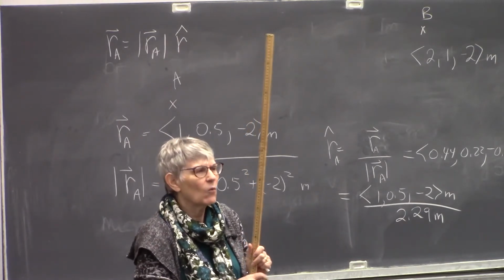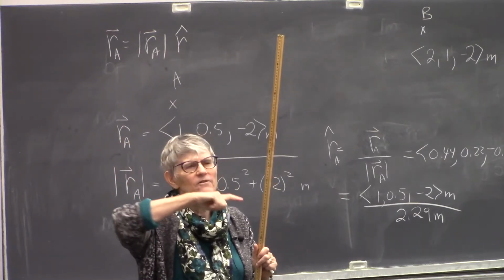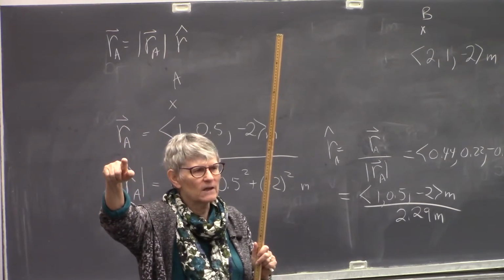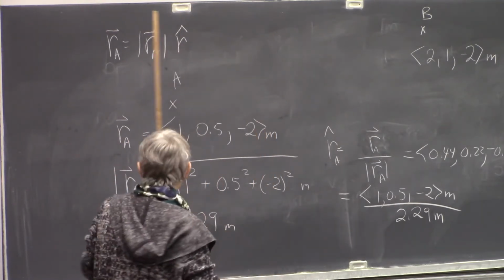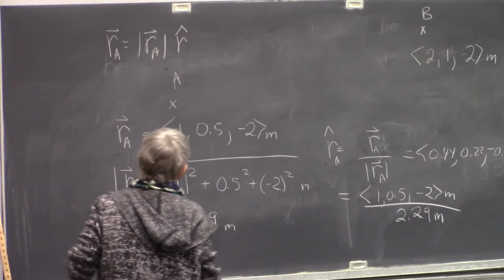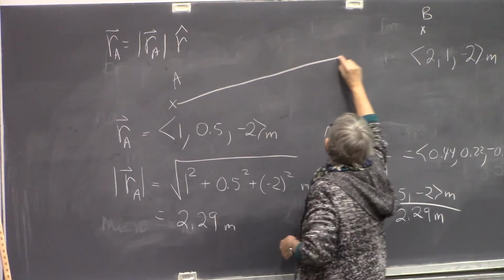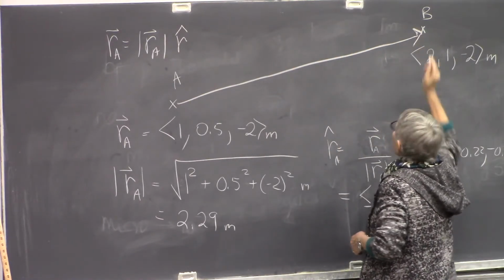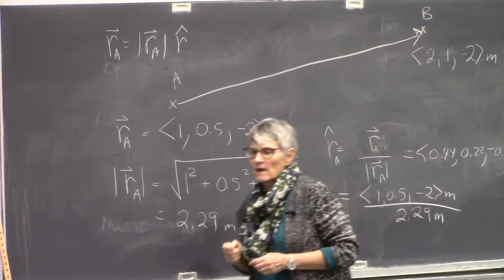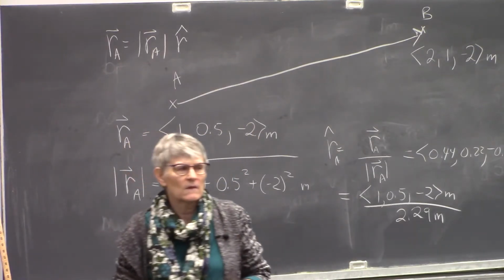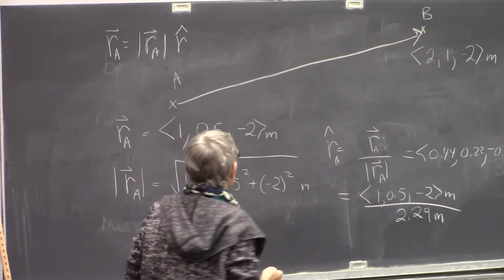How would we have to travel to get from A to B? What we want is to know what that vector is. And for that, we're going to use vector subtraction.